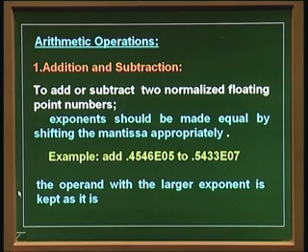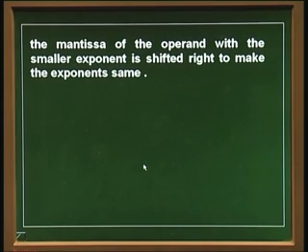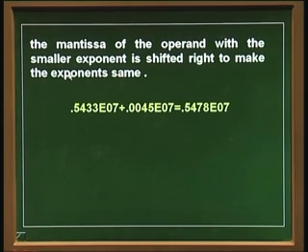But you see, we have a fixed number of digits in the mantissa, so you have to remember that. Let's see what we get. We shifted the mantissa of the operand with the smaller exponent to make the exponents the same. Then we got 0.5433 times 10 to the power of 7 added to 0.0045.